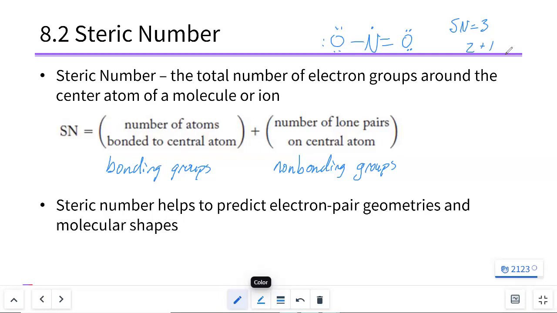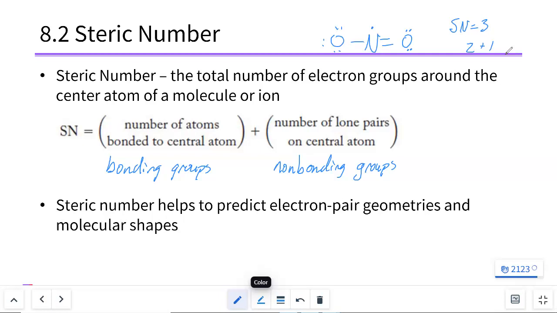The reason we focus on steric number is because steric number helps us to predict the geometries, to predict what direction things are going to go. There are a total of 5 different domain geometries, starting at steric number 2 and going up to steric number 6.